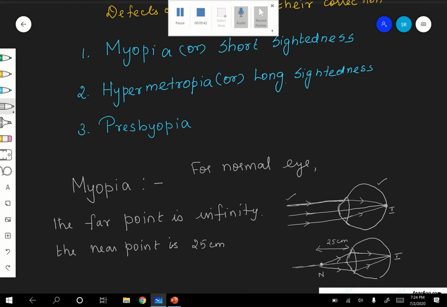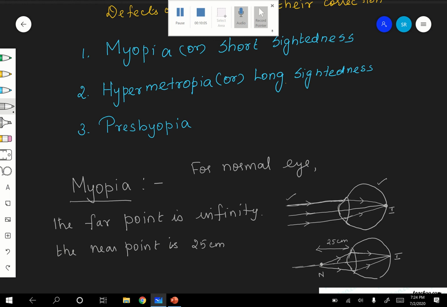Now, as I told you, we are going to see the first defect, a very common eye defect called myopia. What is myopia, or short-sightedness?